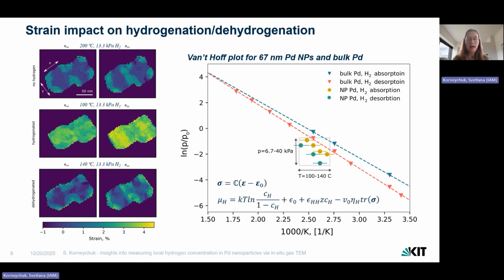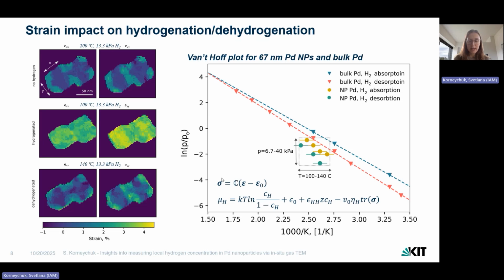In principle, chemical potential of hydrogen is determined by the hydrogen pressure outside of the nanoparticle, and it should be the same for the whole nanoparticle. This chemical potential is linked to, for instance, the hydrogen concentration c_H, but also to the elastic stress in the system described by the stiffness tensor sigma.